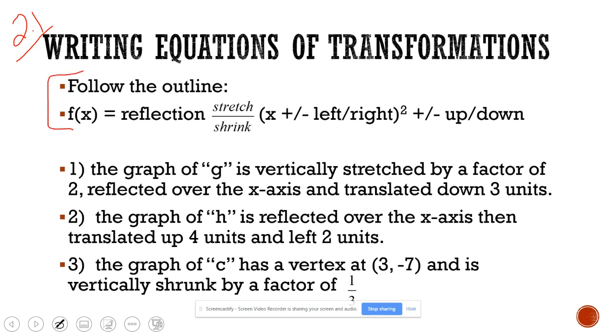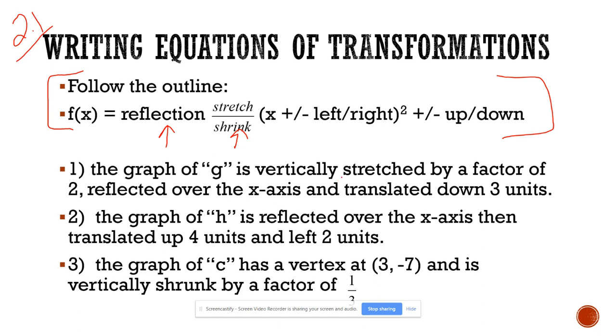Make this outline here for you for the spot. So if it says in the description that there's a reflection, you're going to put a negative sign here. Otherwise, you're going to ignore that spot. If you have a stretch or a shrink, it goes next. Then you have a parenthesis.